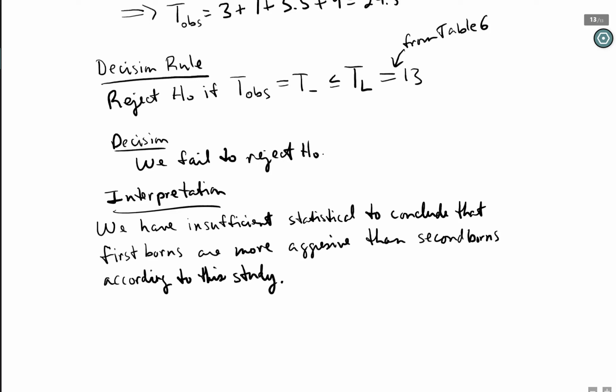Okay, so this is an example of the Wilcoxon sign rank test. Again, an alternative to the paired t-test when the assumption of normality does not hold.